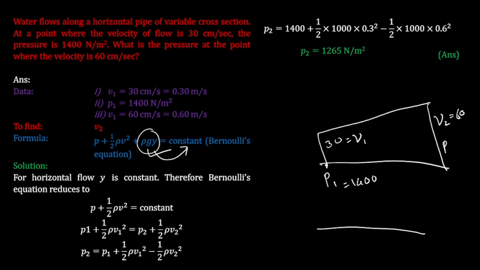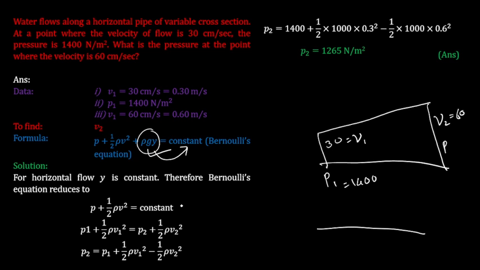So we are dealing with two regions in the pipe. At one region, the velocity of flow and the pressure are given. At the other region, the velocity is given but the pressure is not given. So we write the Bernoulli equation for the two regions. For the first region, the Bernoulli equation is written with suffix 1, and at the second region we use suffix 2.